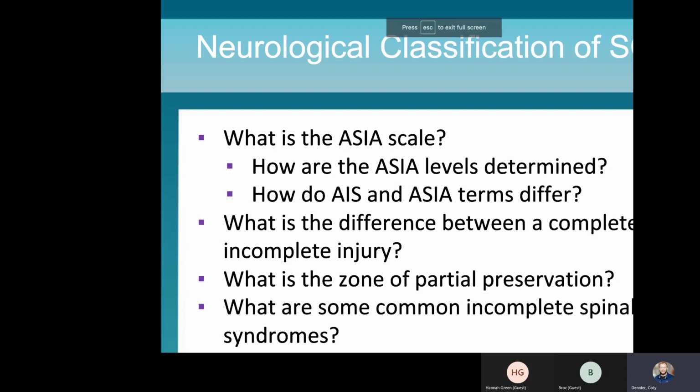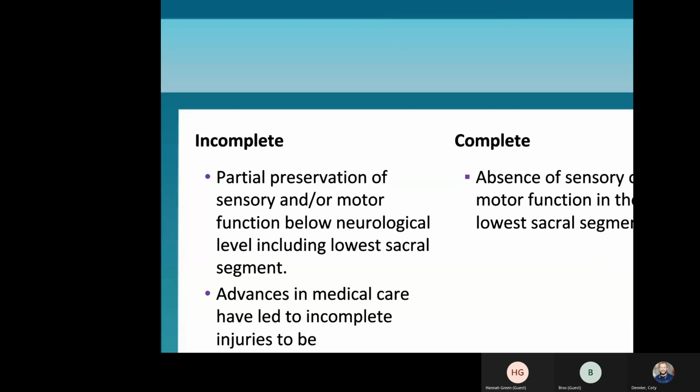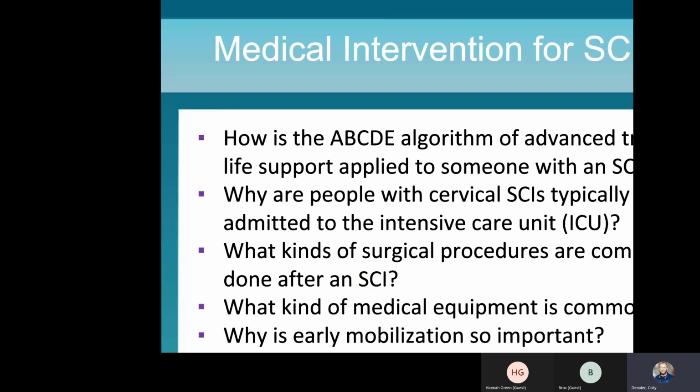All right, so we're going to talk now about some medical interventions. Anytime that a person has a spinal cord injury, a traumatic event, not a syndrome, but a traumatic event, they use the ABCDE algorithm of advanced trauma life support.